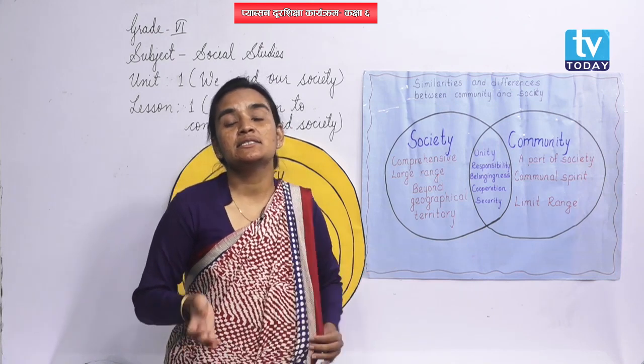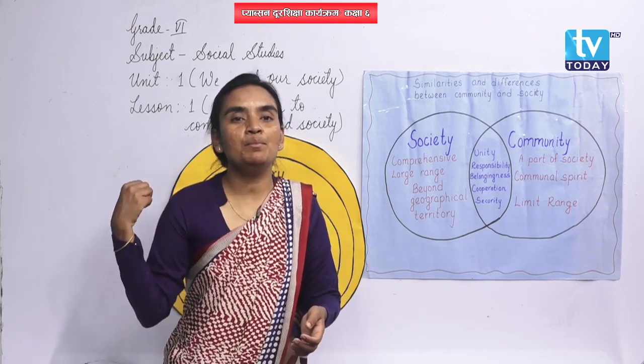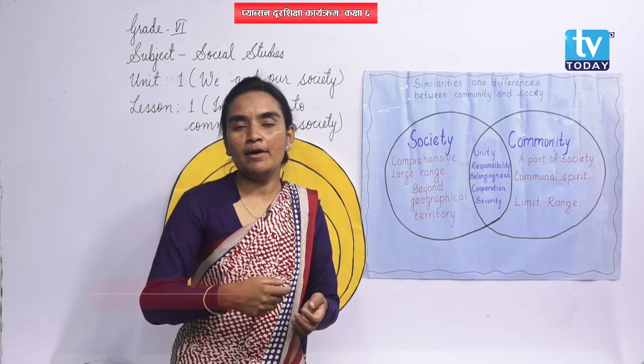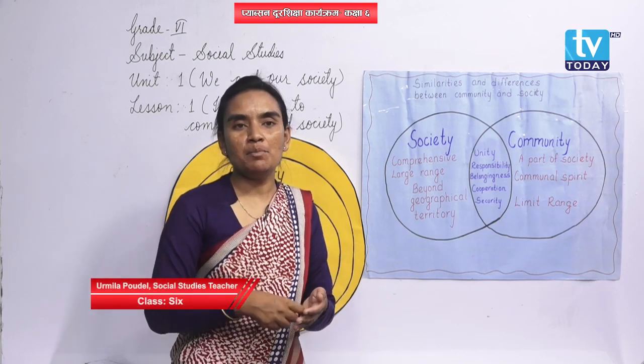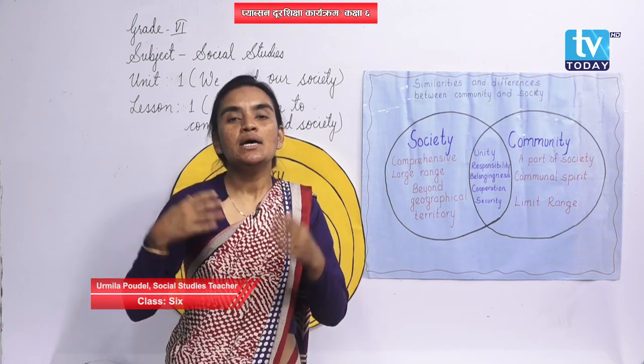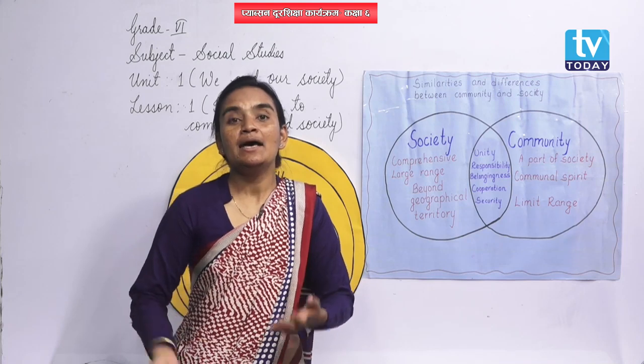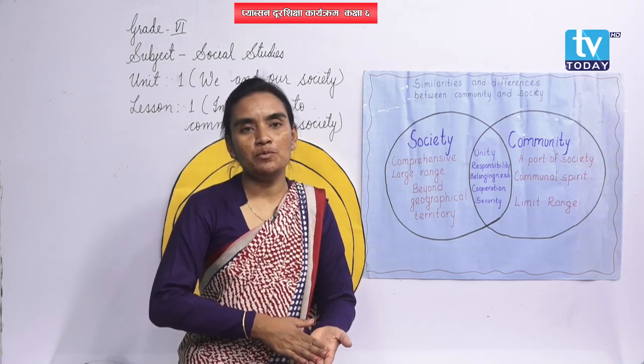Sometimes they discuss among the people of the same society or the same villages from where they came, and they organize discussions on how they can be uplifted after settling in Kathmandu.